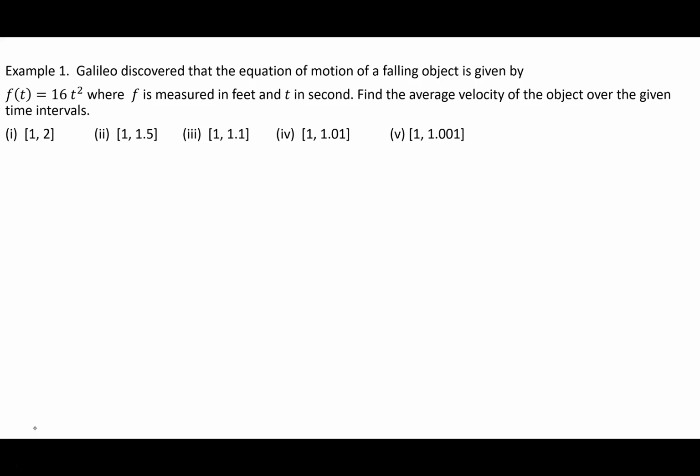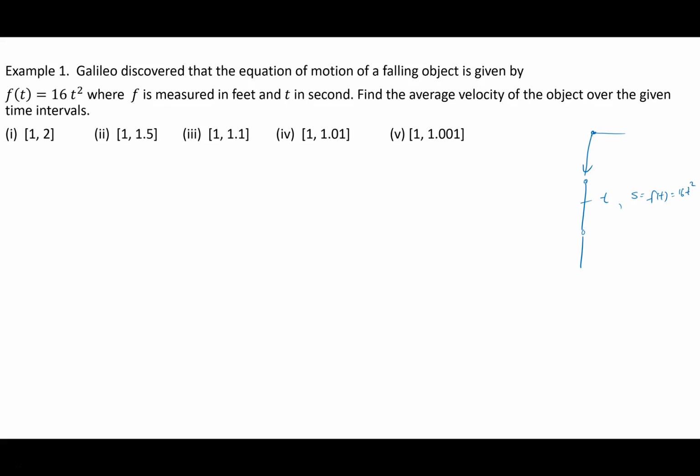Find the average velocity of the object over the time intervals. So let's say this is the initial position and the object is falling down. At any time t, the distance of the object from the initial position is given by 16t square.